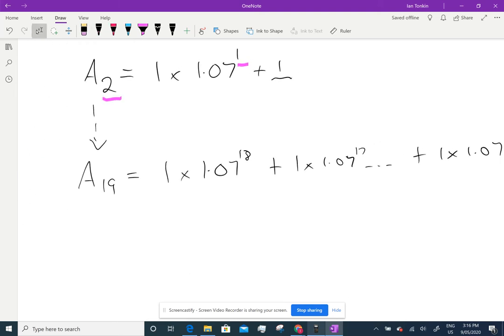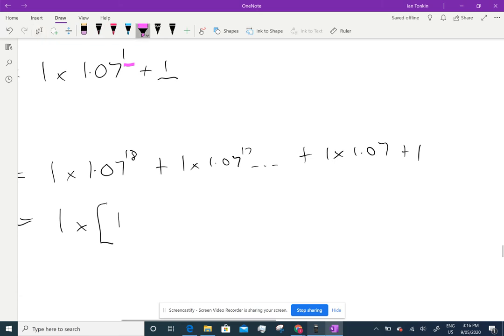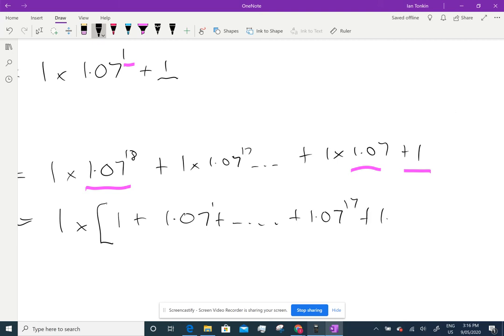Now, take the 1 out. I don't even need to take the 1 out, but anyway. Write it in the reverse order. So I'm going to write 1, 1.07, and so on until I get to 1.07 to the 18. So 1 plus 1.07 to the 1 plus ... plus 1.07 to the 17 plus 1.07 to the 18.